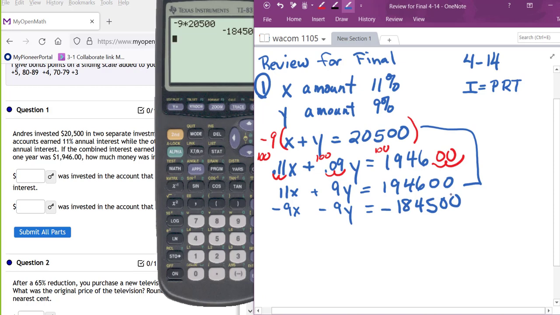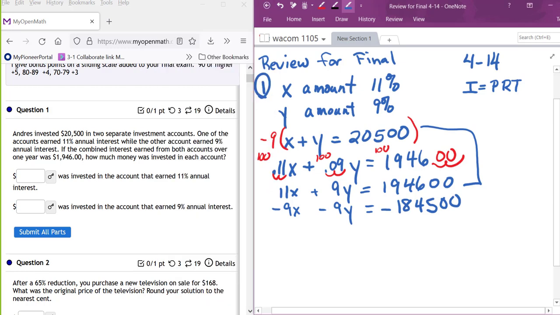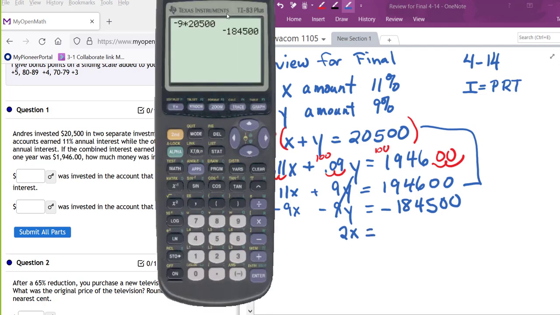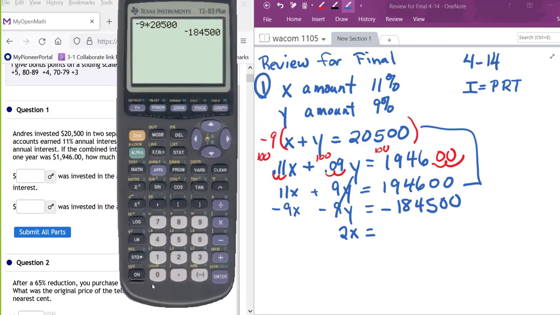And now we'll add these two equations together. So the y's are going to cancel. That was the plan. So we have 2x equals, and we'll pull our calculator back up. So we have 194600 minus 184,500.